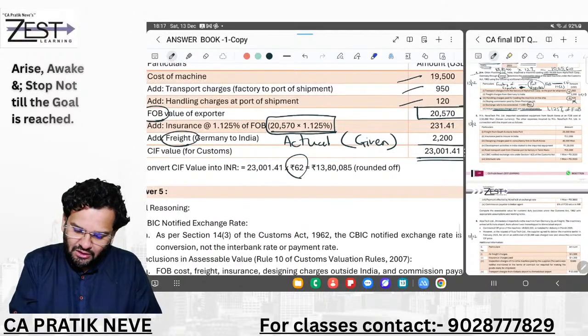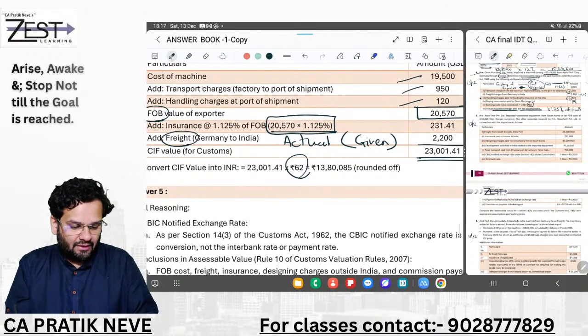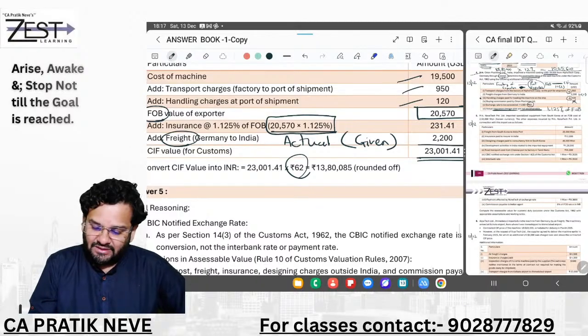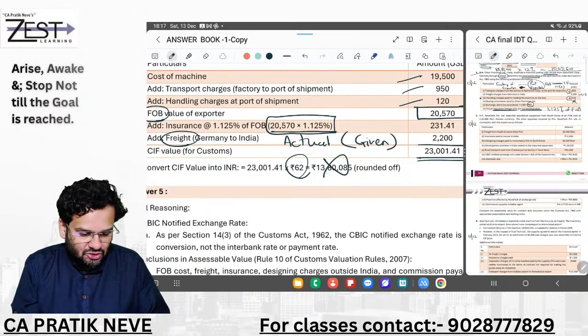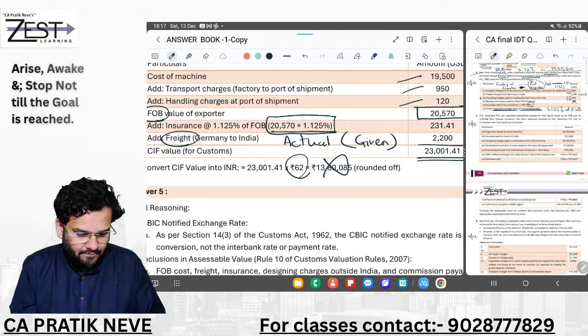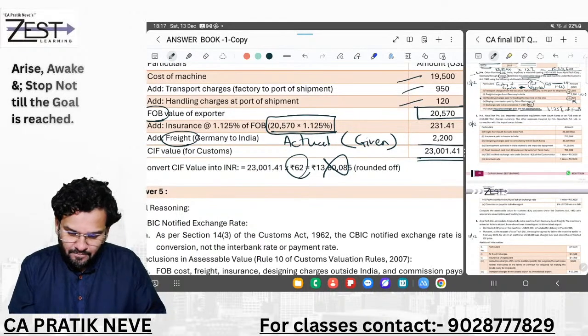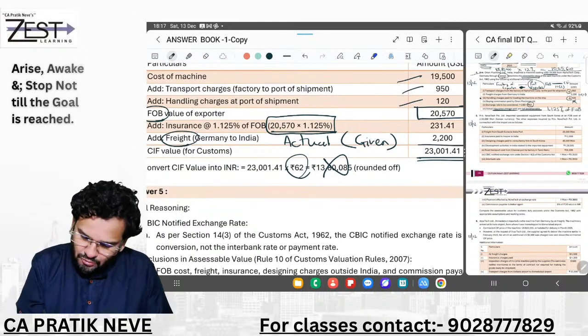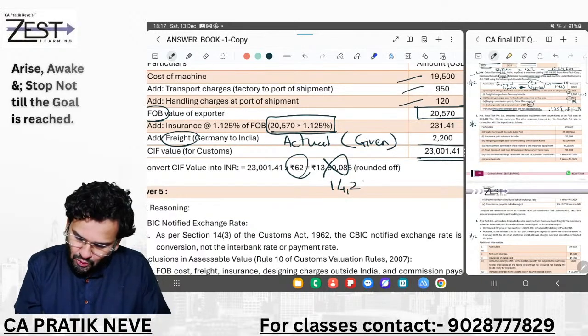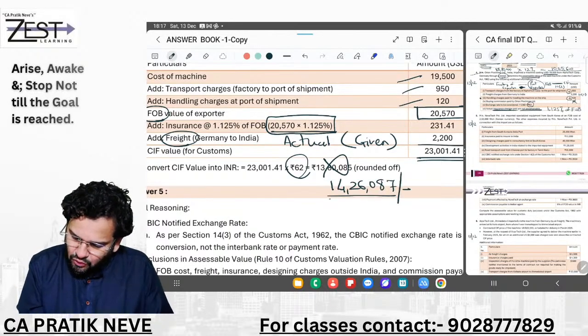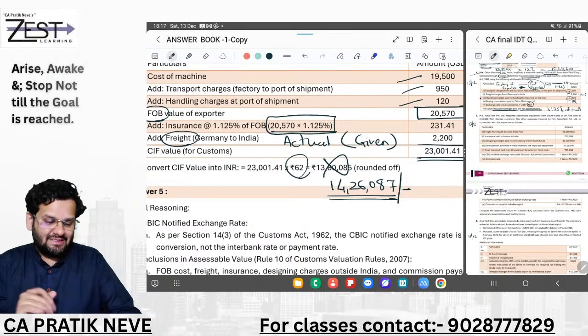Please convert it in rupee terms by multiplying by the given rate of exchange. So friends, actually the answer should be, check, 14 lakh 26,087. Are you getting this answer? 14 lakh 26,087.